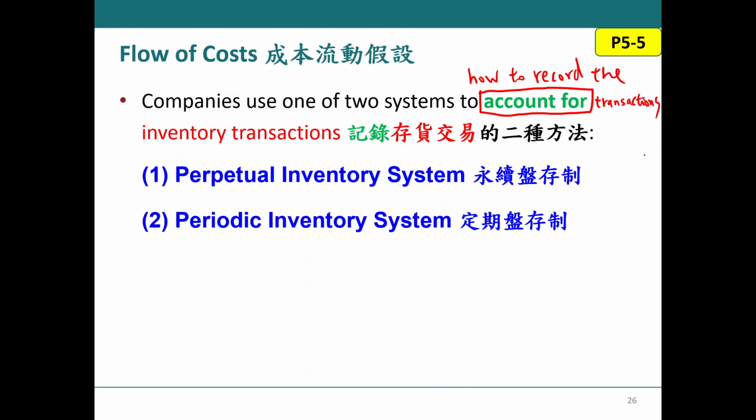And we talk about chapter 5, so that's why our focus is on inventory transactions. It's about inventory. So how to record it?